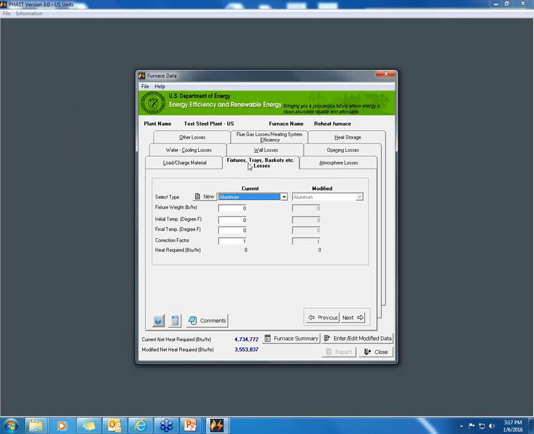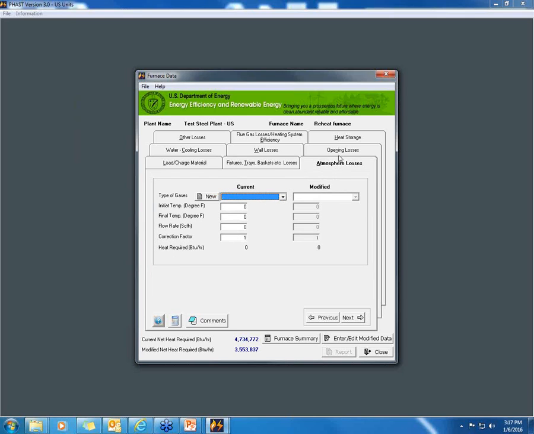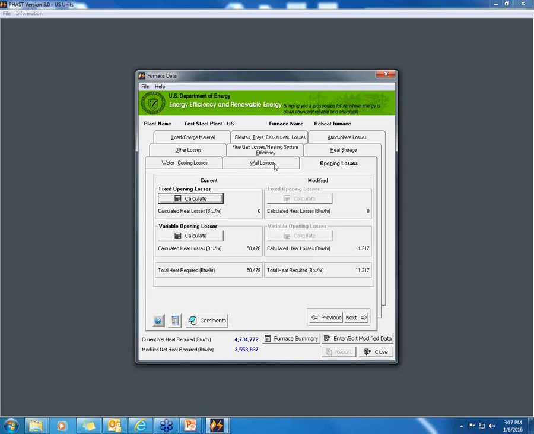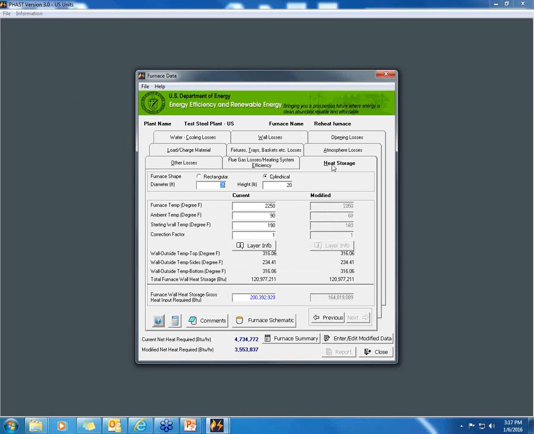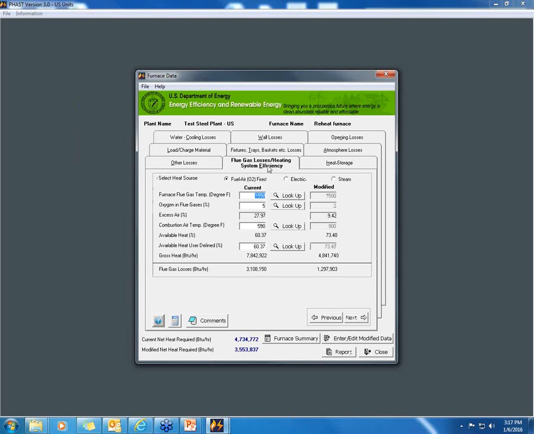The next one is fixture or tray losses. Then you have atmosphere losses, opening losses, wall losses, and water cooling losses. Then you have heat storage losses, particularly for batch kinds of furnaces. And then you have flue gas losses. This is very important. In most cases you will be dealing with flue gas losses.